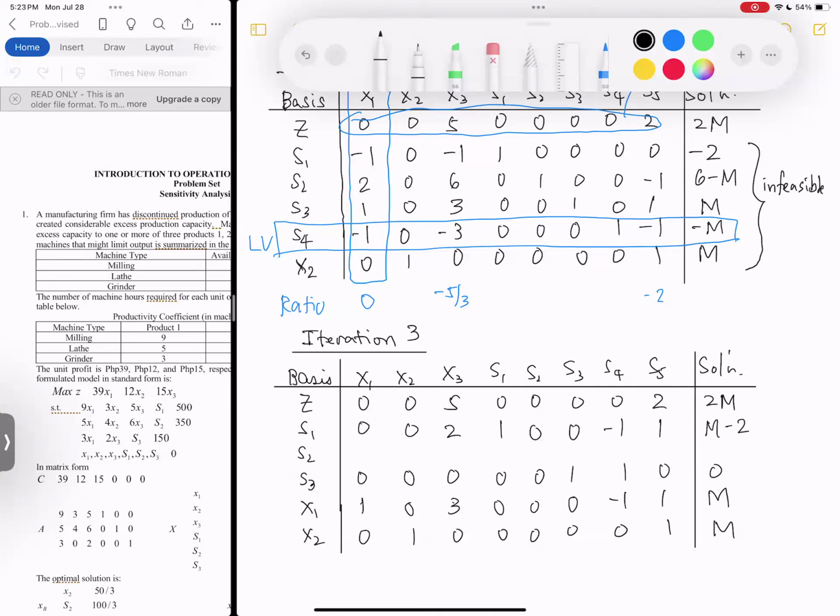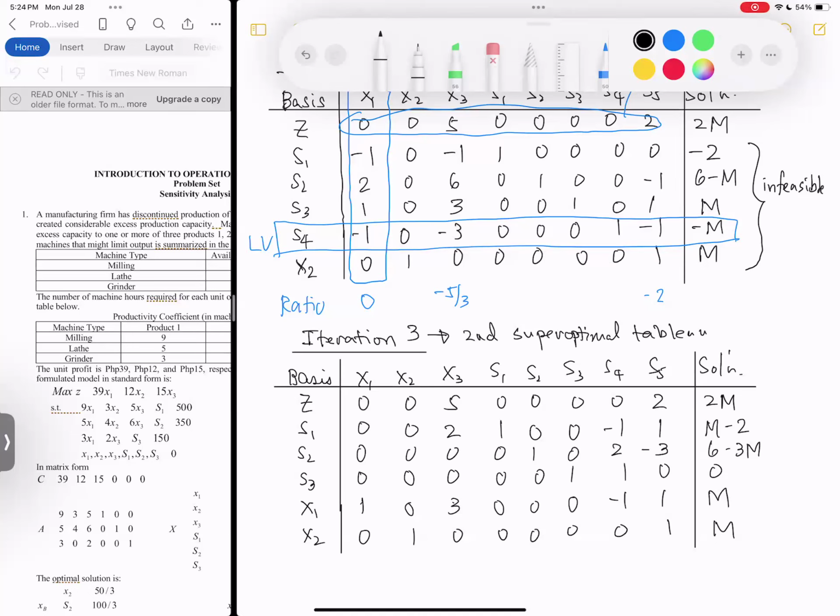Sir, S2 row. Okay, S2 row, go. 0, 0, 0, 0, 1, 0, 2, -3, 2, -3, 6 minus 3m. Okay. So if these entries are all correct, you will see that this iteration 3 is your second super optimal tableau.